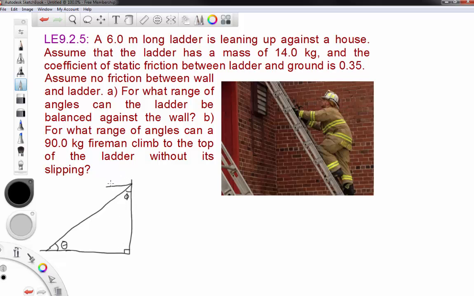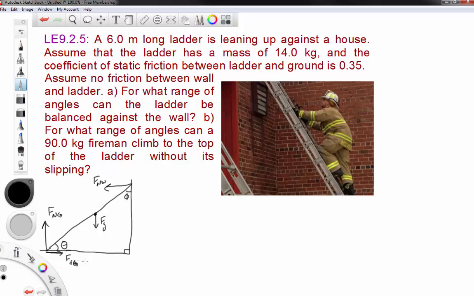The forces that act are the normal force between the ladder and the wall, the force of gravity, which acts at the center of mass of the ladder, the normal force between the ground and the ladder, and also a force of friction between the ground and the ladder.